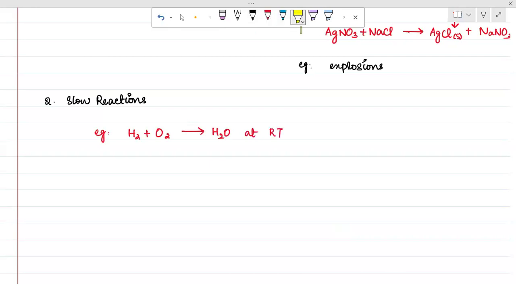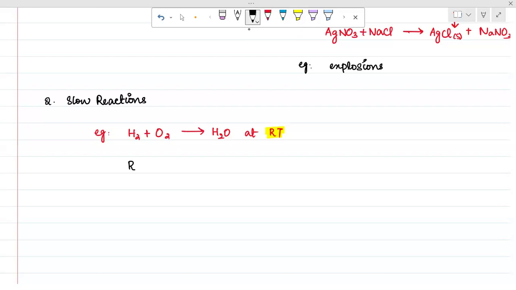So this is important, at room temperature. This does not happen very easily under room temperature conditions. It requires different temperatures and different pressures apart from room temperature conditions. So if this is taken at RT, room temperature, this is very slow.